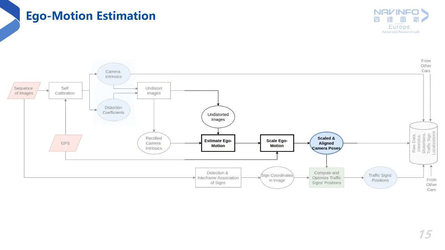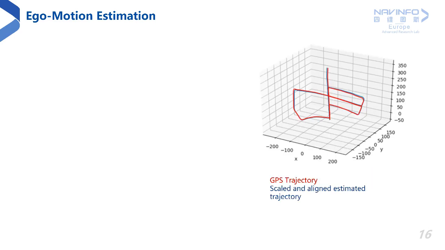The images are then used to perform ego motion estimation, which is scaled and aligned with the GPS coordinates to output the camera poses. We make use of ORB-SLAM based ego motion estimation to get the camera trajectory. This trajectory is unscaled and unaligned with the real world.